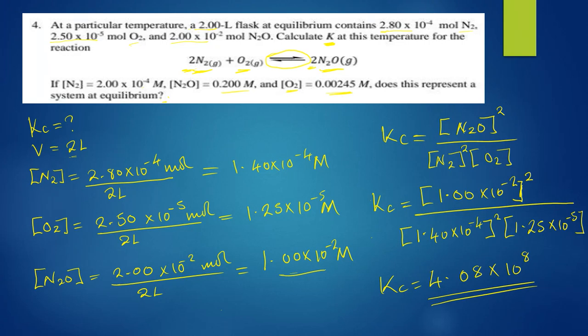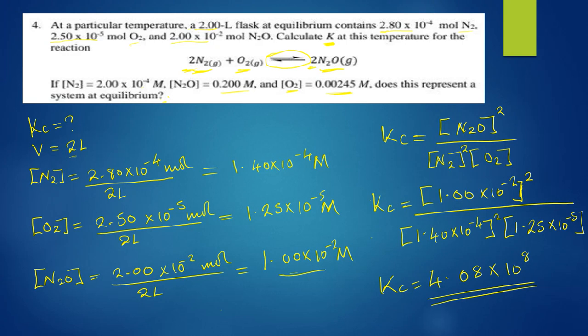Now let's solve this second part. We need to tell if this system is at equilibrium, or not. So how can we tell that? We're going to calculate the equilibrium constant K again for the second part using these different concentrations.